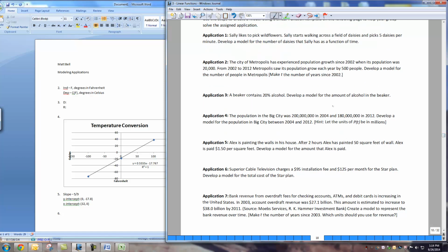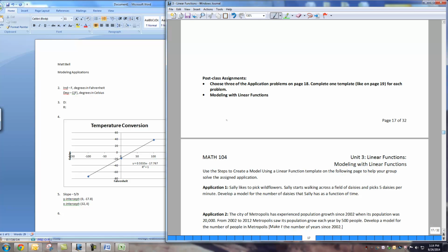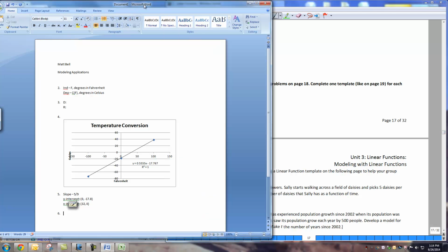Remember, when you're dealing with time, you want to call the first year 0. Like it says here, make T the number of years since 2002. So let 2002 be year 0. So you're going to fill out 3 of those, and you have some modeling problems in MyMathLab.